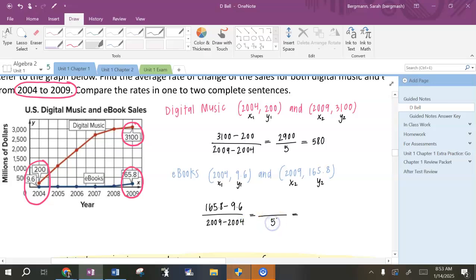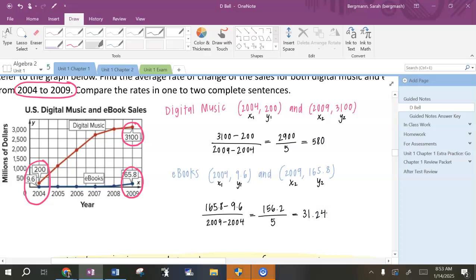I get the same change in X, but my change in Y is different. This time I have to go 165.8 minus 9.6, and I get 156.2. After dividing that by 5, you get the rate of change is 31.24.